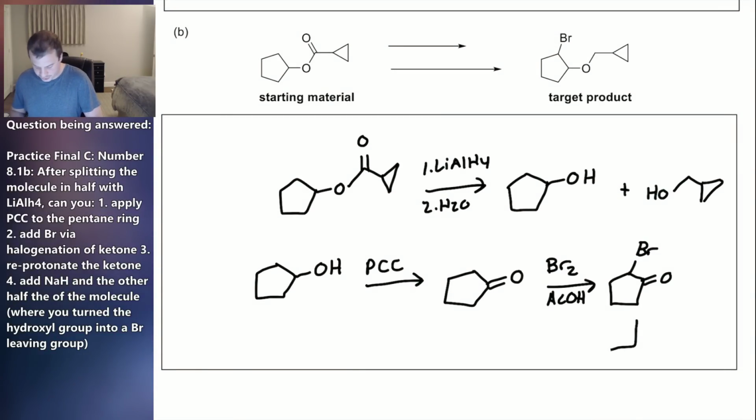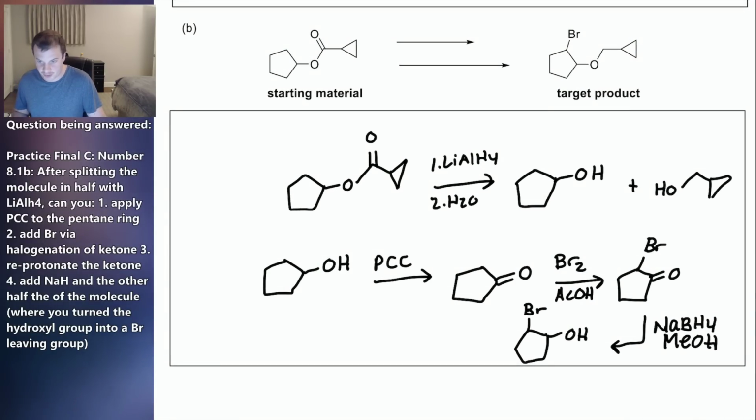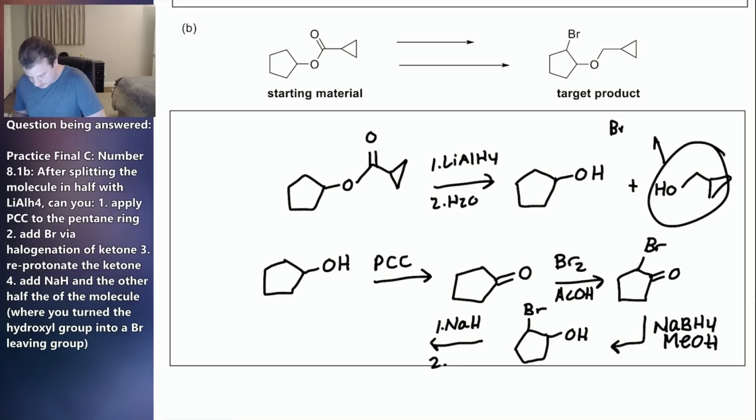Then you want to reduce with NaBH4, MeOH. That's going to give you this. But now here's where the problem happens. You want to treat this with step 1, NaH, and then step 2, turn this into a bromide or something with PBr3 and try to do a Williamson ether synthesis.